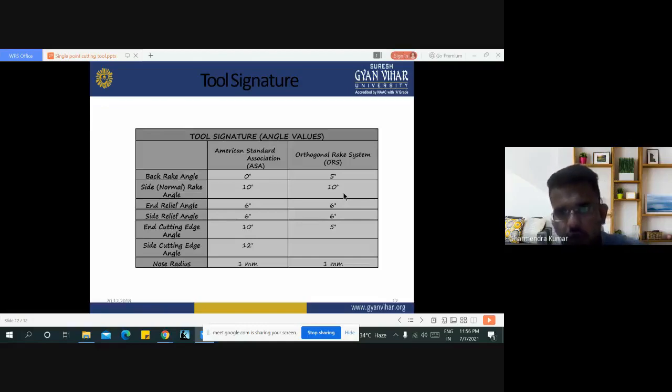And the value of side cutting edge angle is approximately equal to the American Standard Association angles. Nose radius is equal according to both associations. Thus, these are the various measurements which we keep in mind while manufacturing the single point cutting tool.